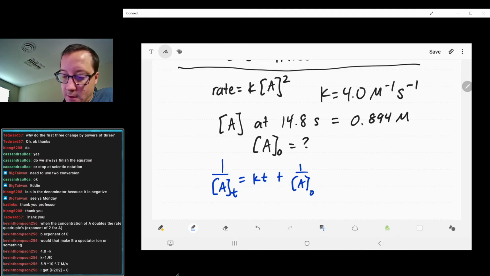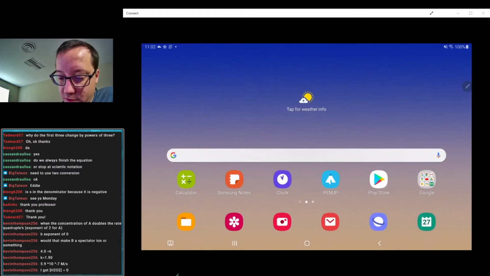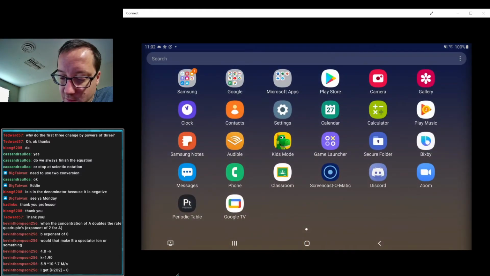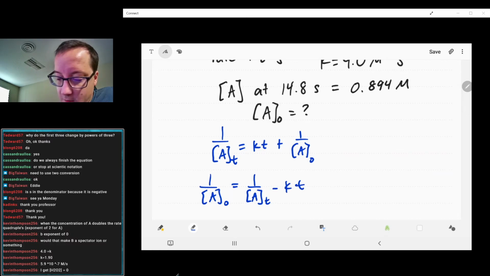So therefore, if we're going to solve for the initial concentration, oh my gosh, what have I done? That's going to be 1 over this guy minus kt, right?